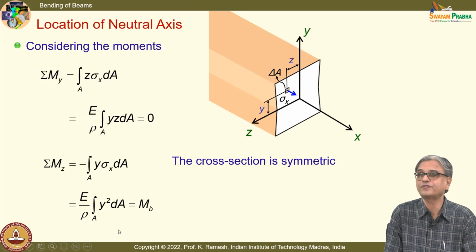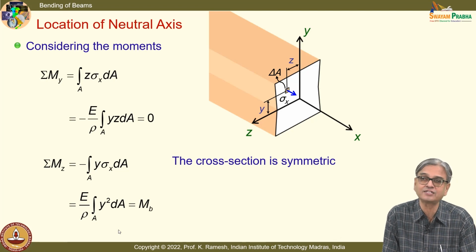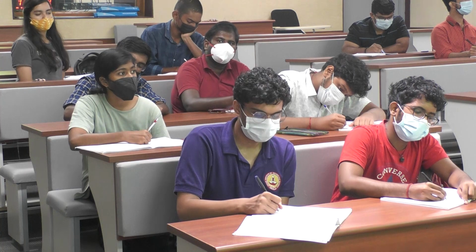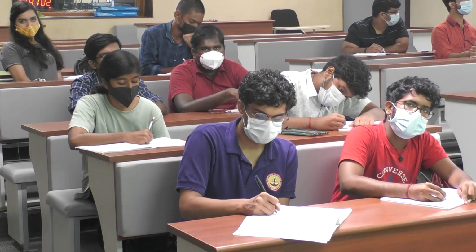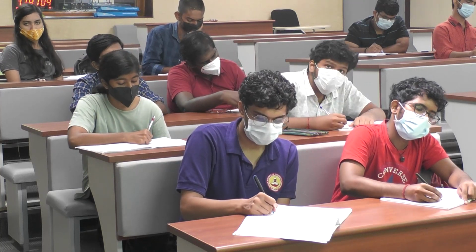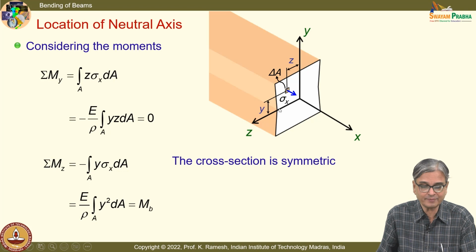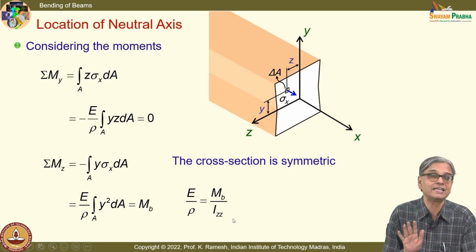This is also familiar to you. Integral y square dA is called as what? Louder. Second moment of inertia, and that is what you determine about this axis. So, I can put this as IZZ. So, I get a very famous expression, E by rho equal to Mb by IZZ.